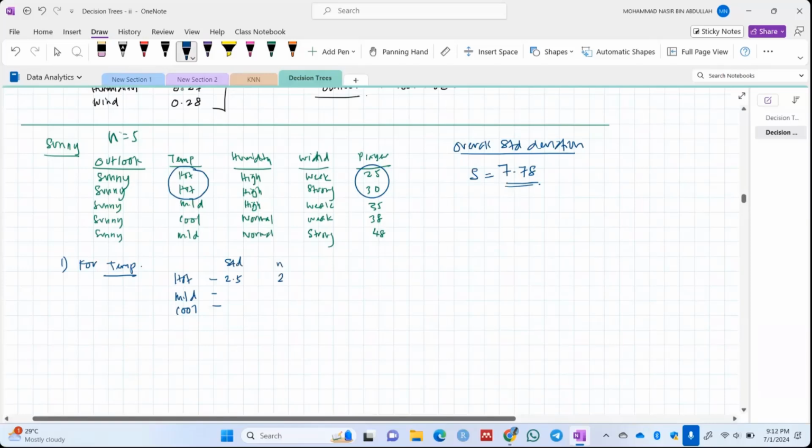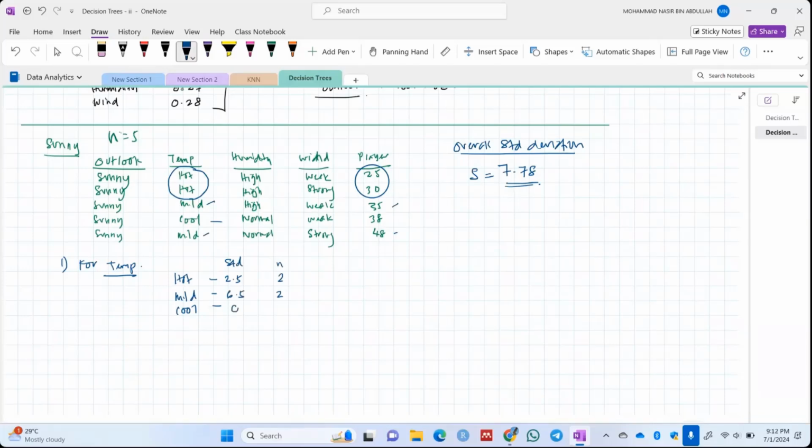For mild, we have 2 observations, 35 and 48, so this should be 6.5. For cool, you only have 1 observation. If you have only one observation, there is no standard deviation, so it should be equal to 0.